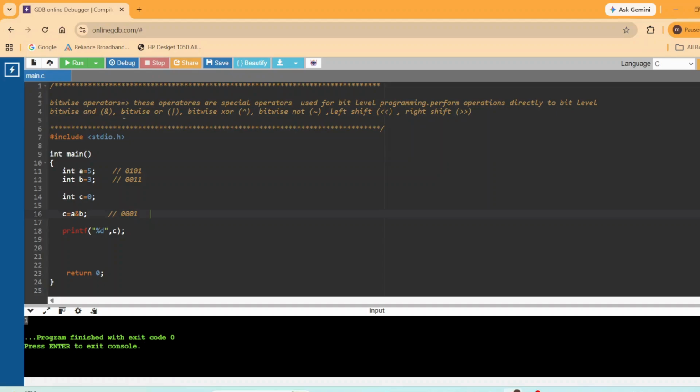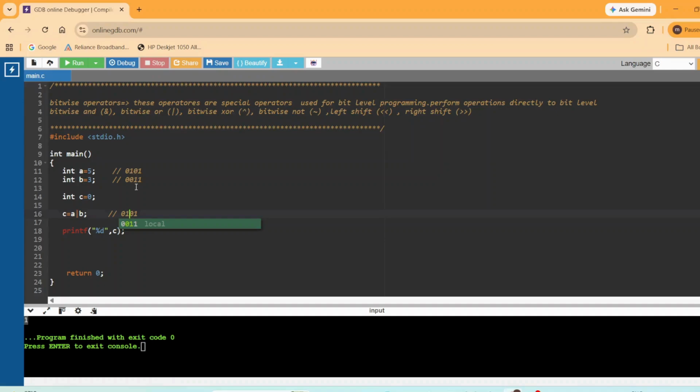Okay, so next is the bitwise OR. Suppose we write c is equal to a or b. That means if any bit is 1, then it is 1. Otherwise, 0. So here 0, 0 means 0. Next is 1, 0, that means this is 1.